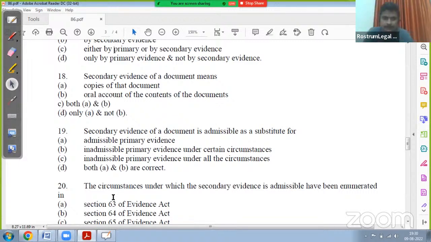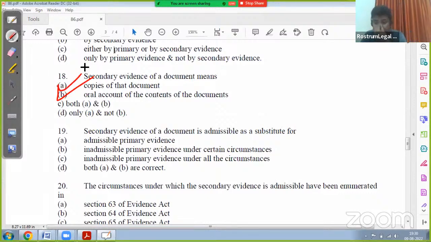हाँ जी. तो it includes copy of document as well as oral account of contents of the documents only if permitted by the court. So its correct answer will be option C, both A and B. Next question. Question number 19.